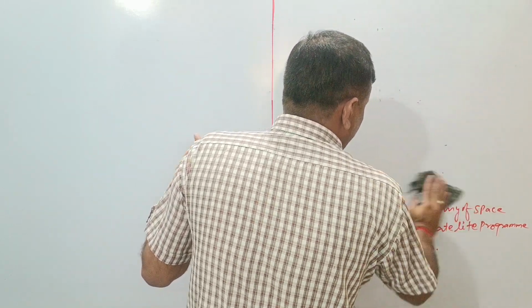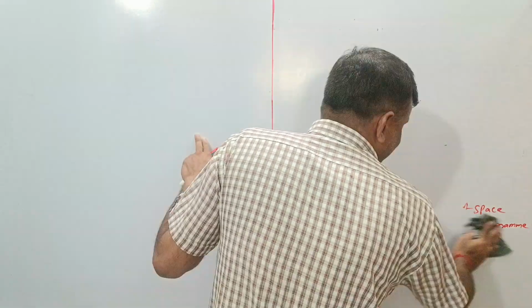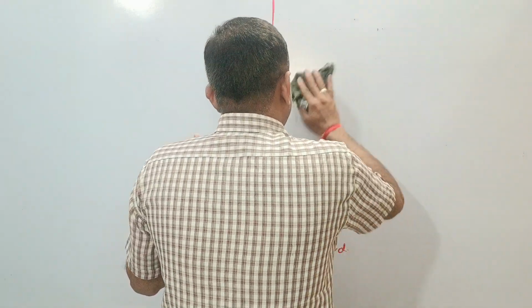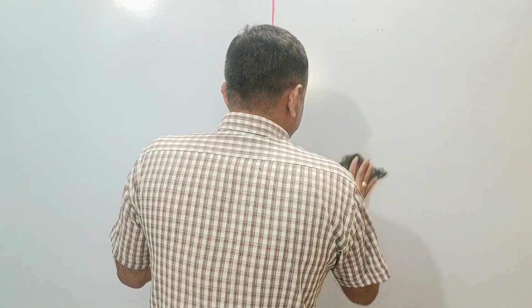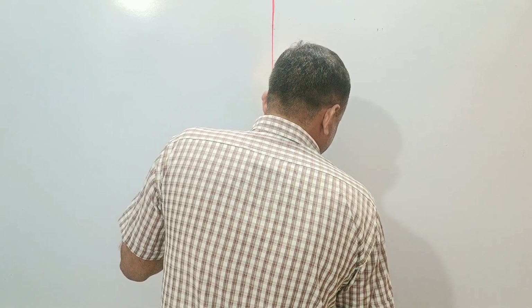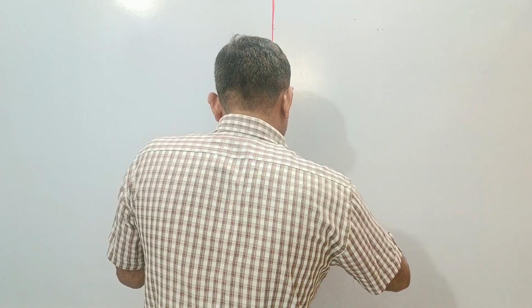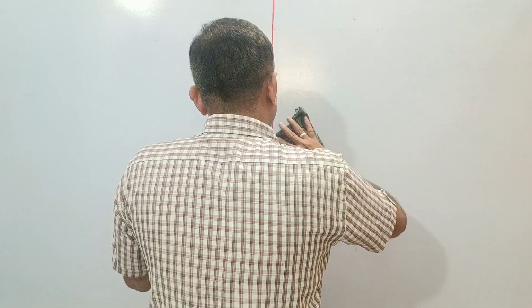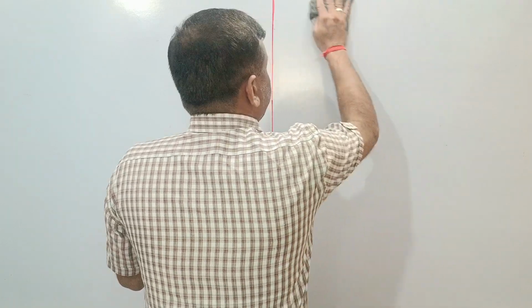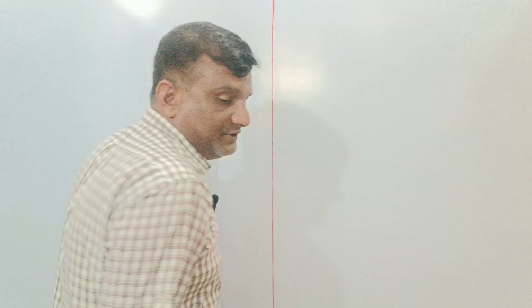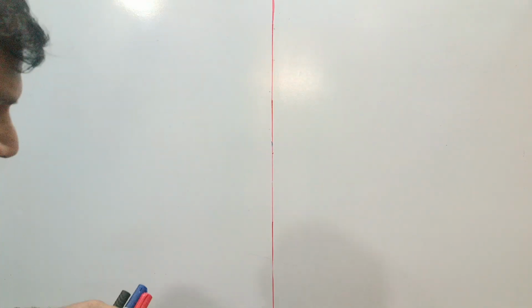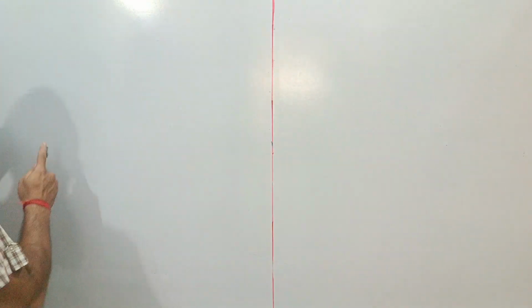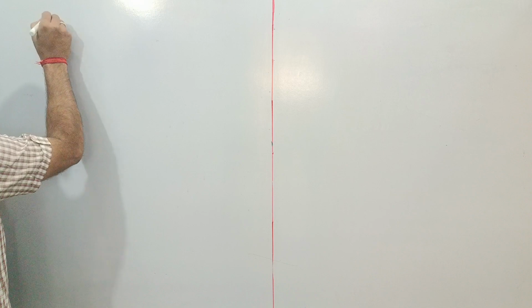About 19 to 20% of iron decomposes per year in the form of rusting, so it's a great loss to the iron industry. So now the time to discuss corrosion.